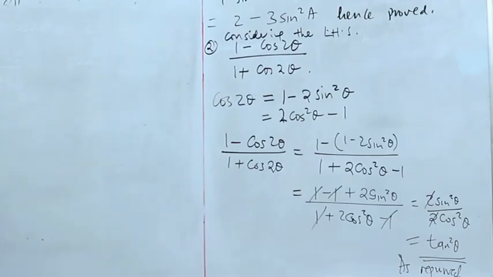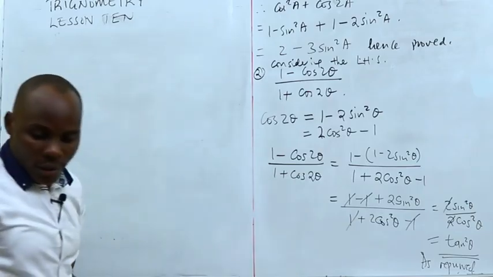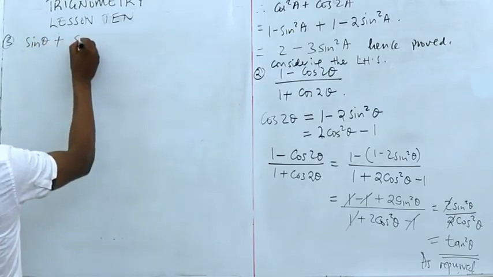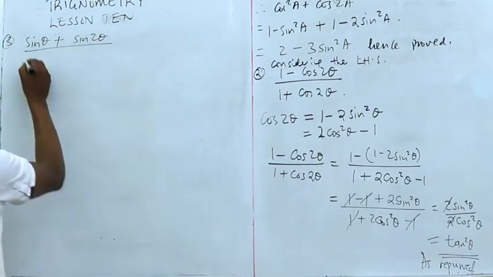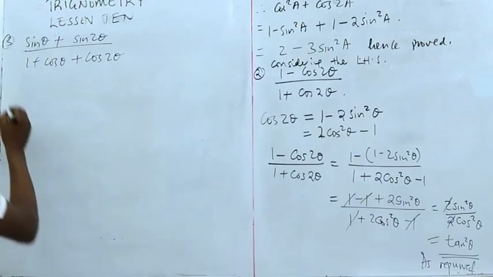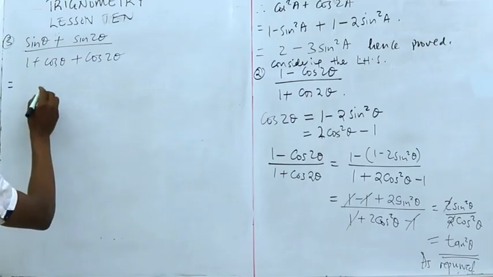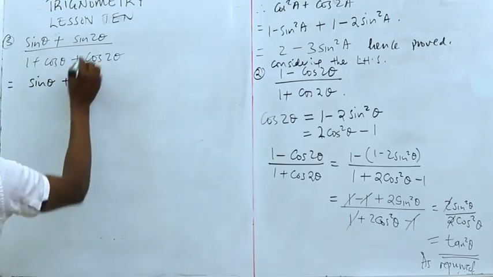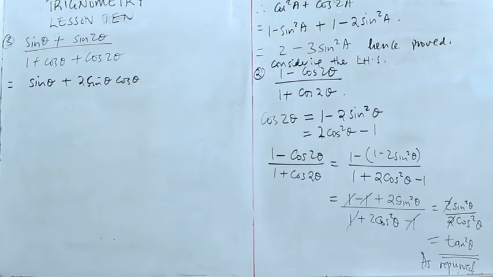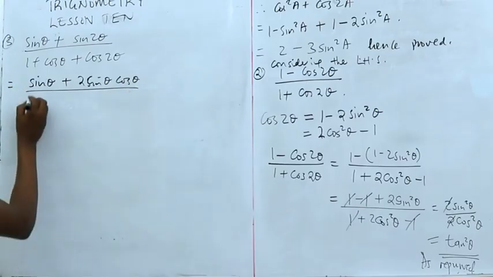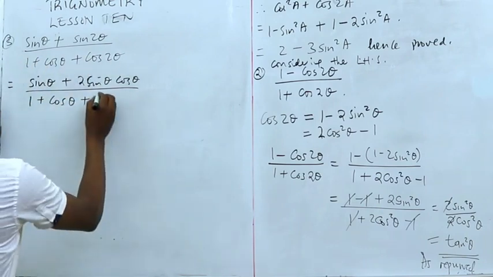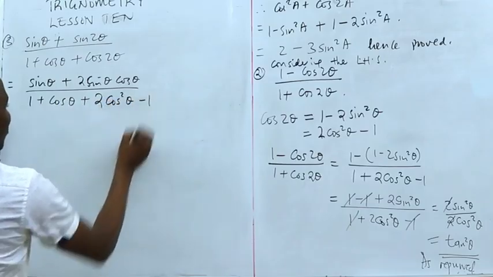We have the third one: sine theta plus sine 2 theta over 1 plus cos theta plus cos 2 theta. I'm considering the left hand side. This is sine theta plus 2 sine theta cos theta, over 1 plus cos theta plus 2 cos squared theta minus 1.